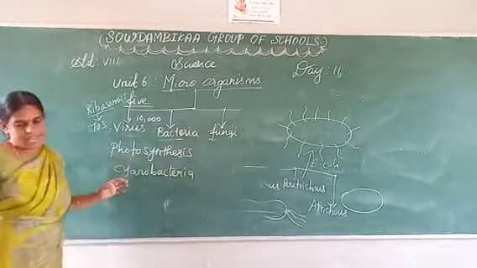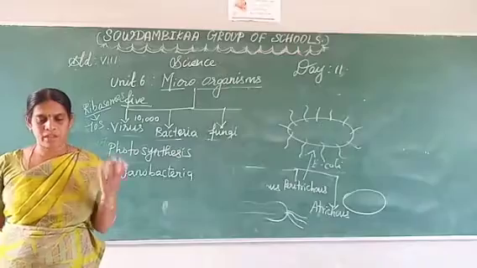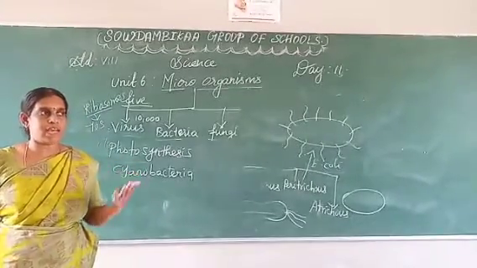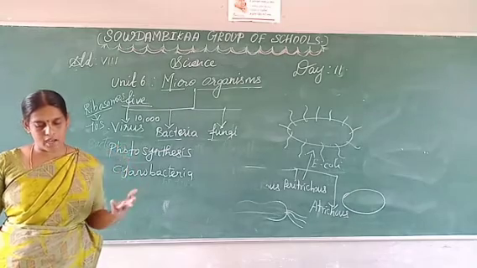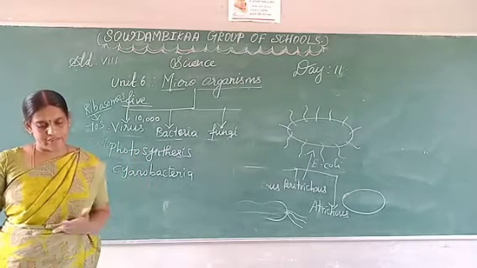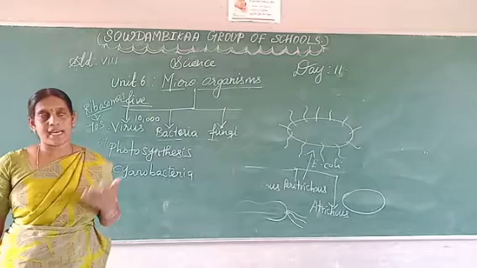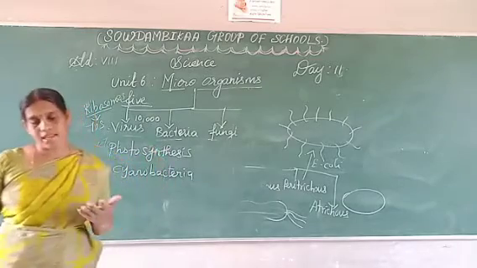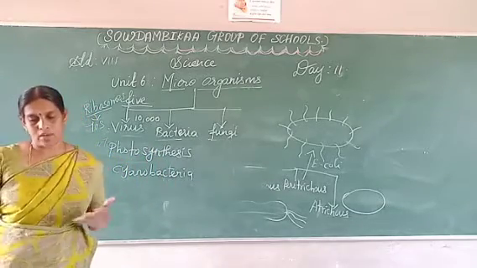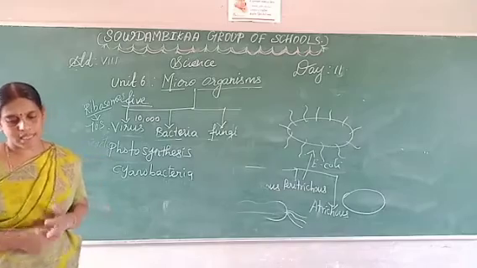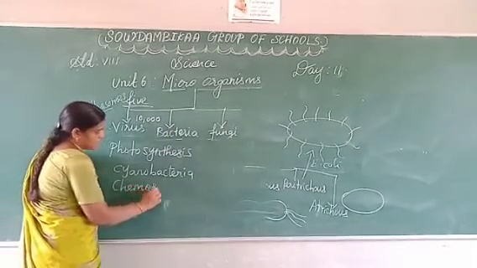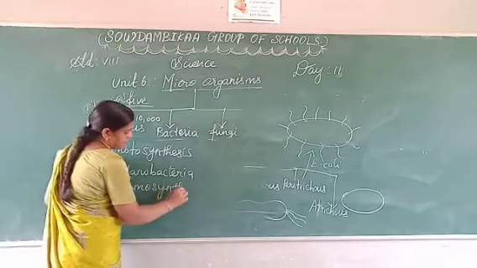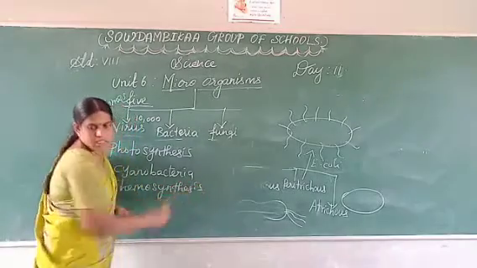Some bacteria live in harsh environments. They use chemicals like ammonia and hydrogen sulfide to produce their food instead of the sun. This process is chemosynthesis.